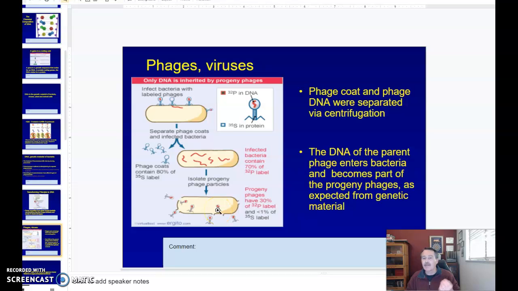And most, if not all of them, had some traces of the P32, which is saying that this parent had to pass its genes down to this offspring. And the way it did it was through its genes. And the genes then were proved to be in the DNA of the molecule. So the comment I want you to make on this is the Hershey-Chase experiment proves the transference of genes through DNA.